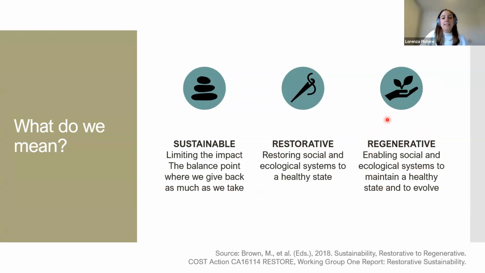And then we want to take a step forward, a step more, towards a regenerative approach, where we want to enable social and ecological systems to maintain a healthy state and to co-evolve together. So we move from limiting the impact to actually enabling a co-evolution of the systems.